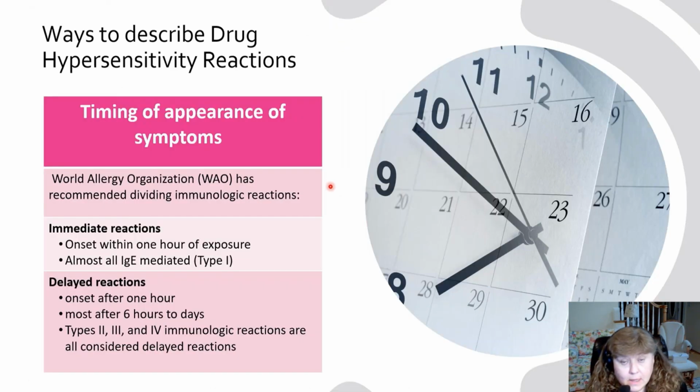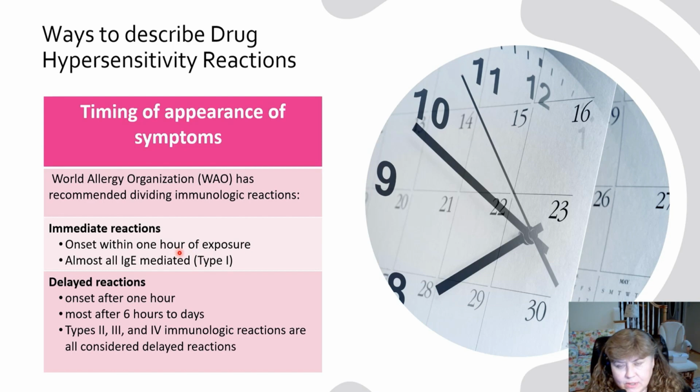So there are lots of different ways to describe adverse drug reactions or drug hypersensitivity reactions, and we're going to spend just a few minutes trying to understand ways that we can explain these reactions that might help us understand the mechanisms of the adverse reaction better. The World Health Organization says that the first thing to do is to divide the reaction into either an immediate reaction or a delayed reaction, and the time period they use is 1 hour.